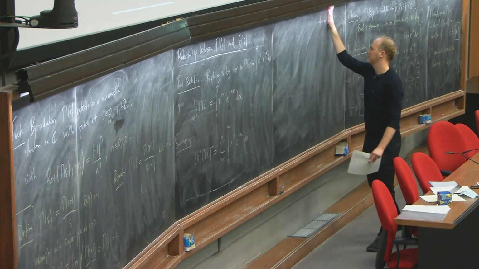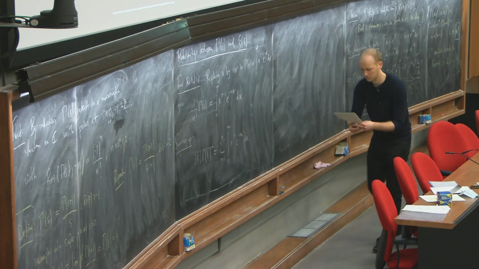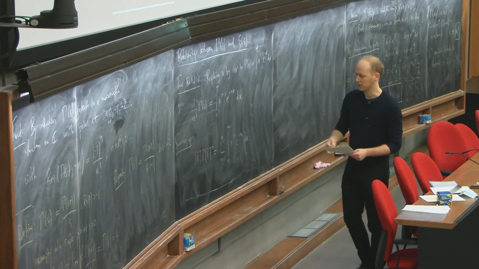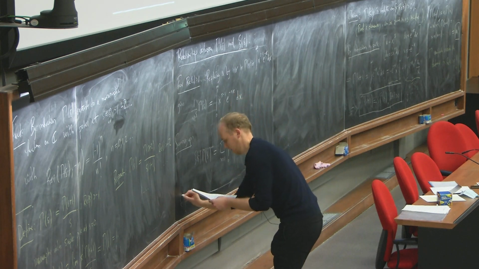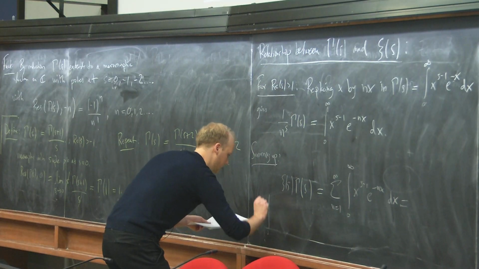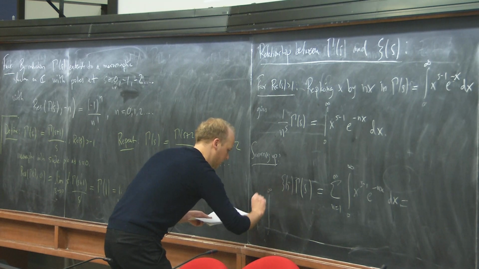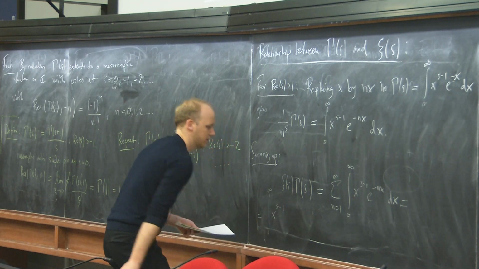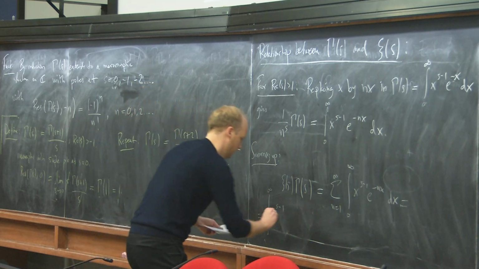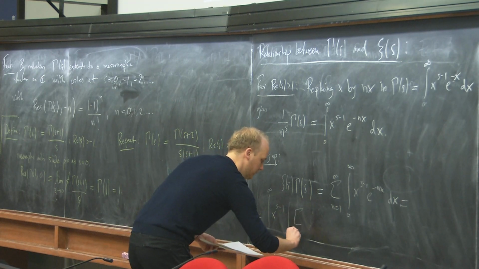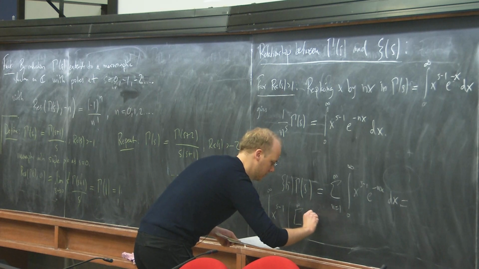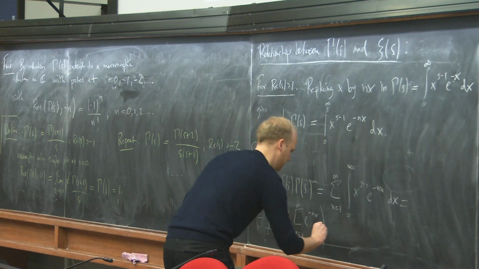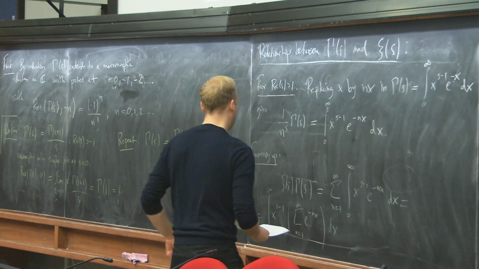We want to rewrite this in some way. So we note that this integral is equal to this: if I change the sum and the integration, I can put the sum inside, summing over e to the minus nx, and then dx.